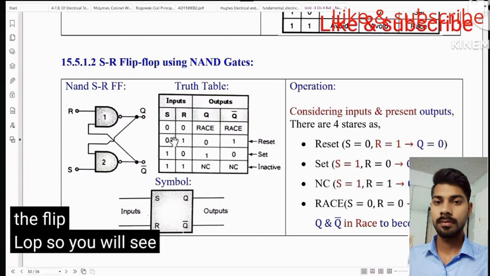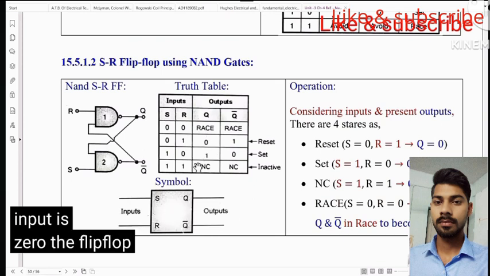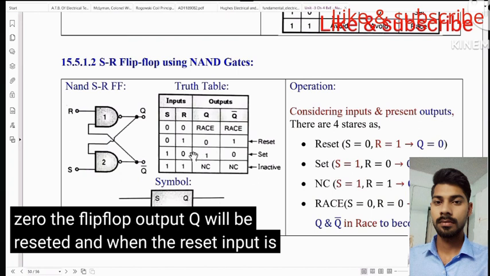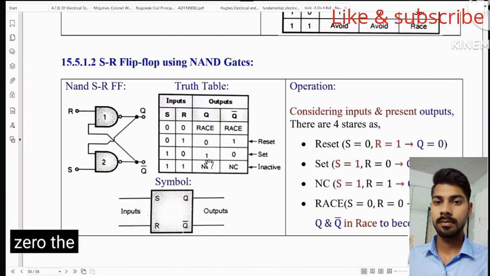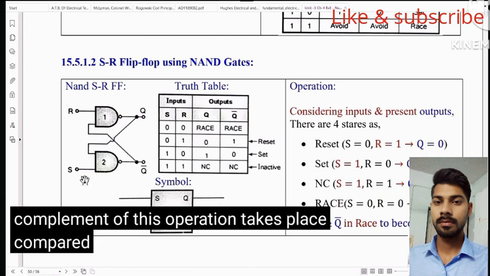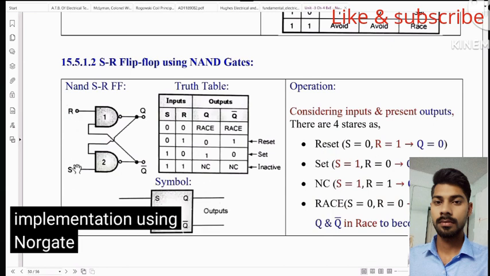So you will see when the set input is 0, the flip-flop output Q will be reset, and when the reset input is 0, the Q output is set. So a complement of this operation takes place compared to the flip-flop implementation using NOR gate.